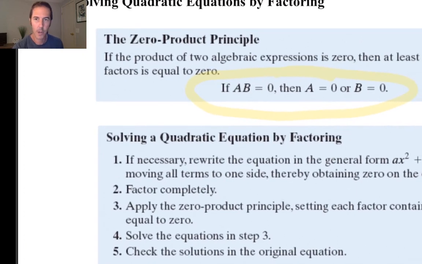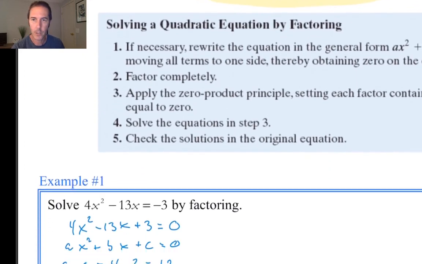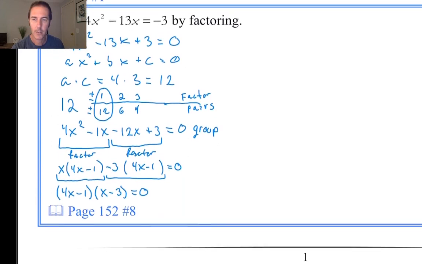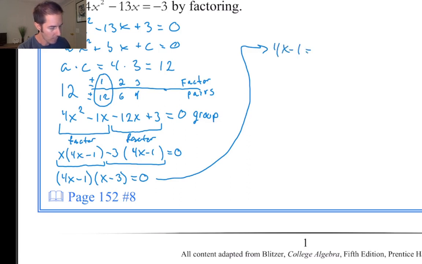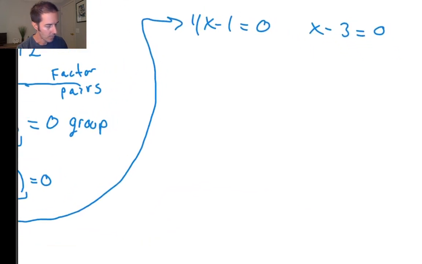Now we're going to use what we saw here, which is the zero product principle. We have two things that are being multiplied together that are equal to 0. So I'm going to take this equation over here and work on these two components over here. I'm going to take the first factor, which is the 4x minus 1, and set it equal to 0. And I'll write down the x minus 3. I'm going to set that equal to 0.